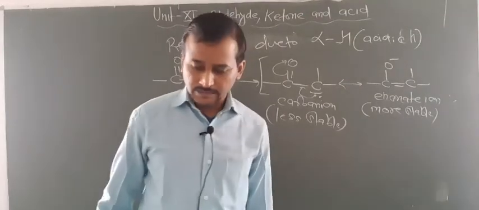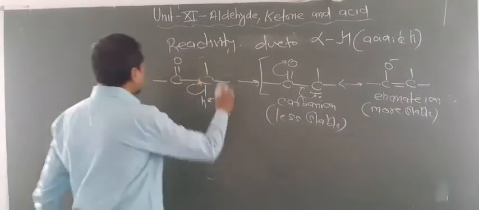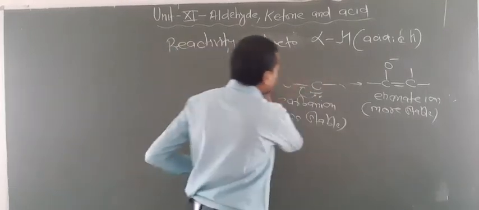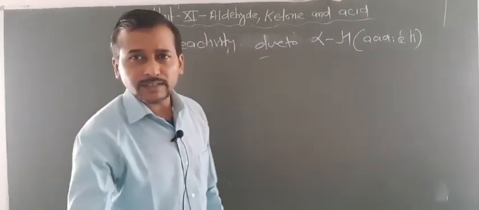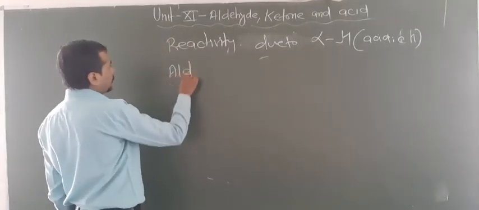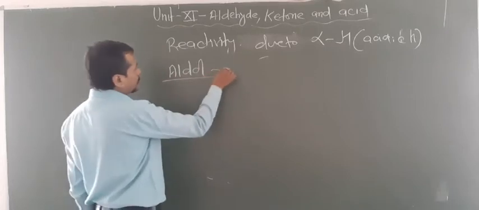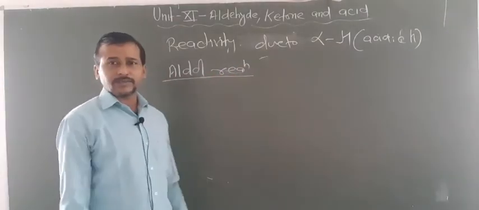Now let us focus on the reactions which are due to the acidic nature of hydrogen. The most famous reaction is known as the aldol reaction. This is most important from the examination point of view.